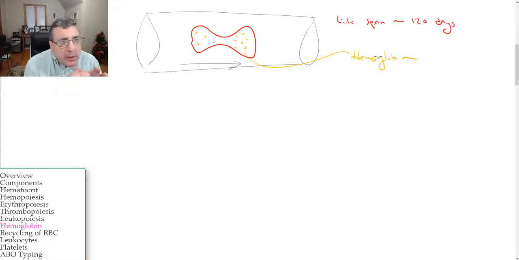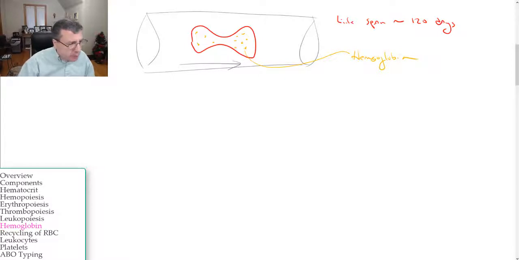Hemoglobin is a protein that's pigmented red, although I did it in orange here. It's a red protein, and the hemoglobin molecule is what carries oxygen or carbon dioxide through the blood. Now we'll go into a little bit more specific on what makes up the hemoglobin.